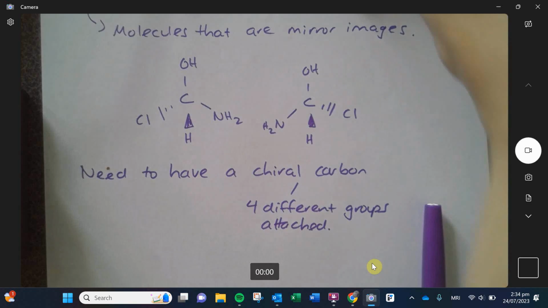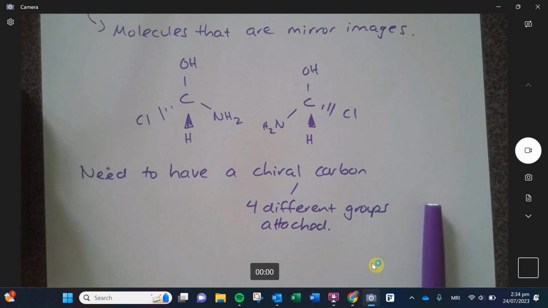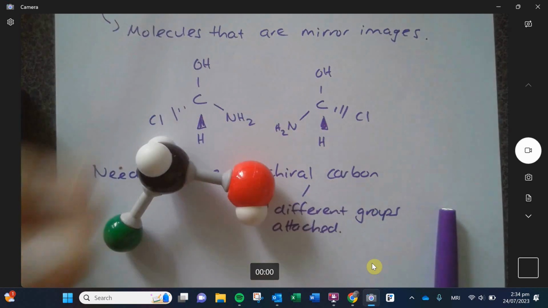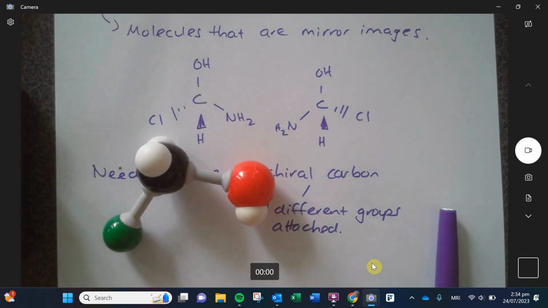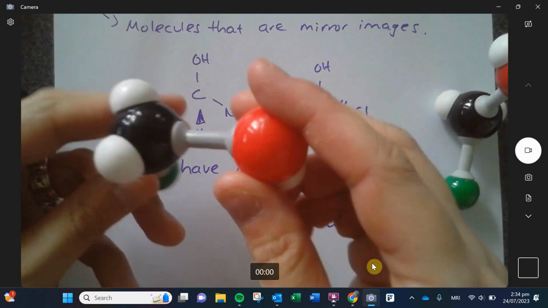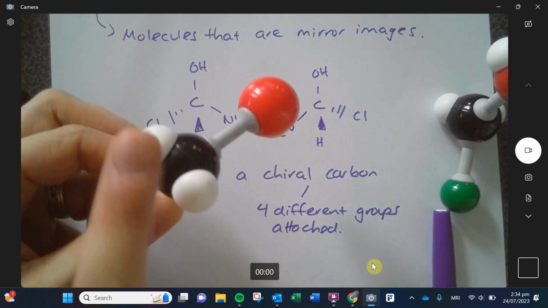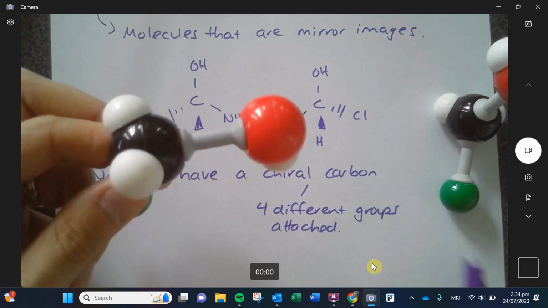All right. So for example, if I got rid of the nitrogens, say the amines, this is an example of a molecule that will not form optical isomers because it has 2 hydrogens attached to it.